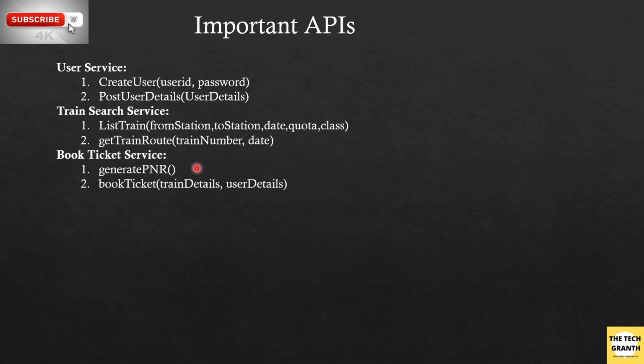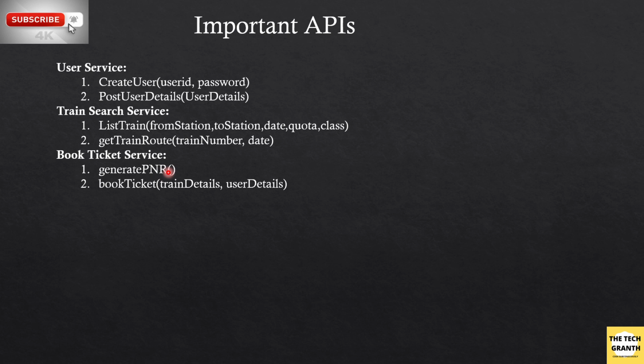So one way to do the PNR generation is to follow the same approach that we used in our video where we created tiny URL. If you have not watched that video, you can check it out as well, to see how we generate a short URL for a long URL. There you see we used Zookeeper, which will handle multiple application servers, and you can use anything which can do cluster management, not just Zookeeper.